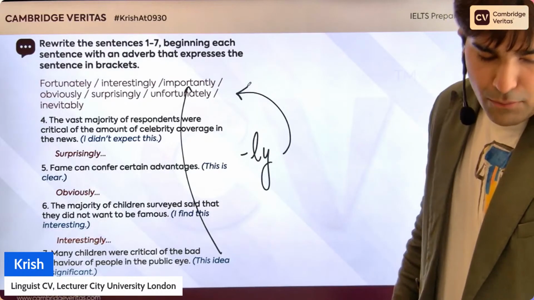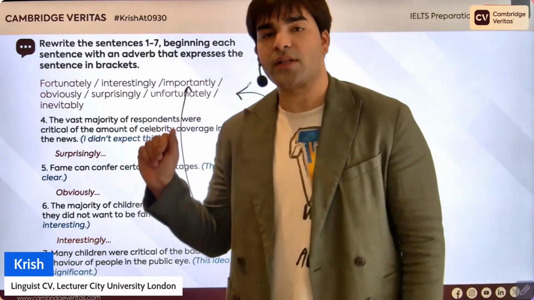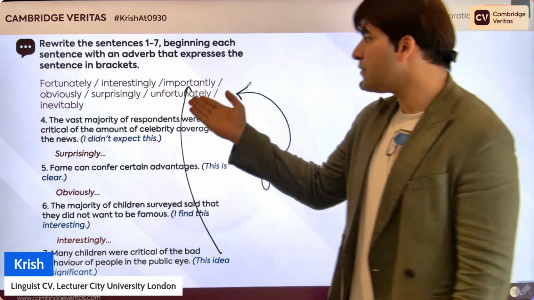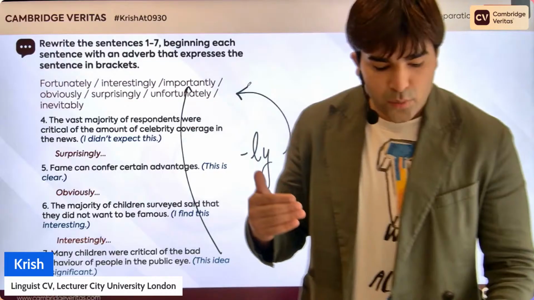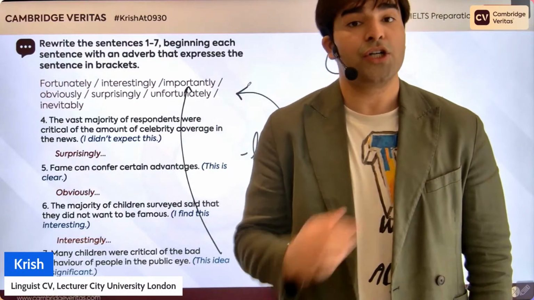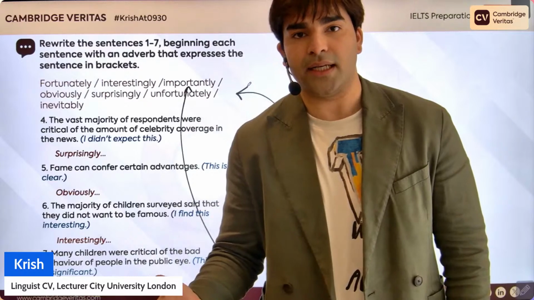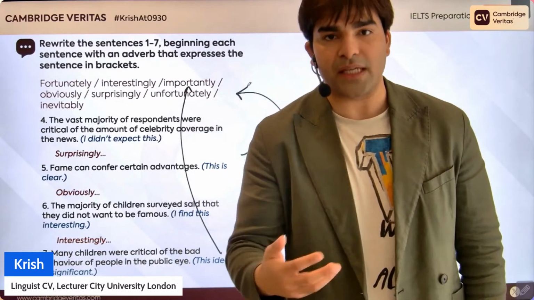But there's a little bit more to this. All of these words that you see on the screen, fortunately, interestingly, and so on, can actually be modified further to change the meaning completely when you're writing or speaking.